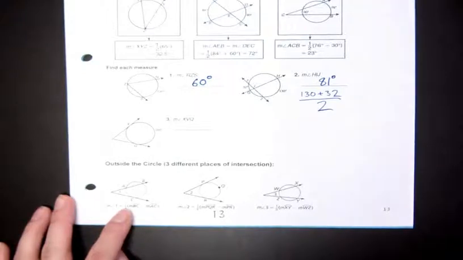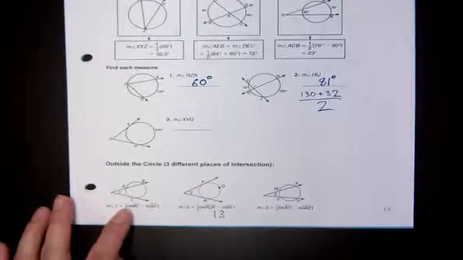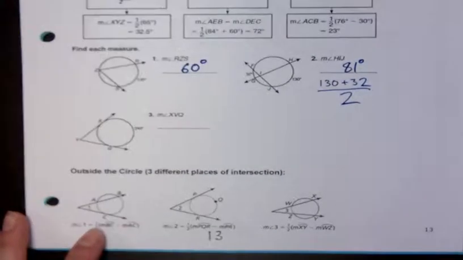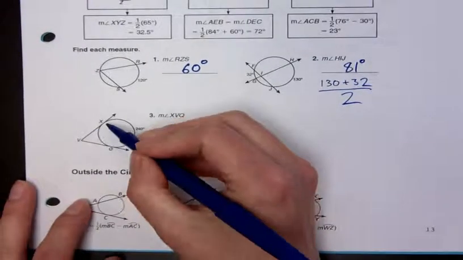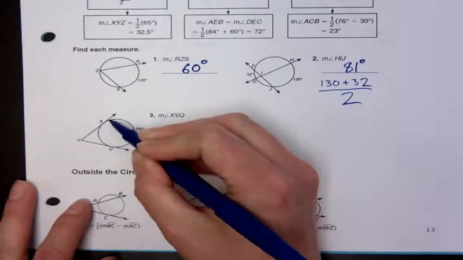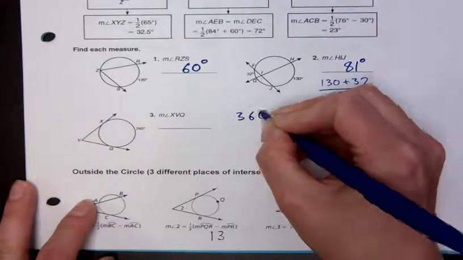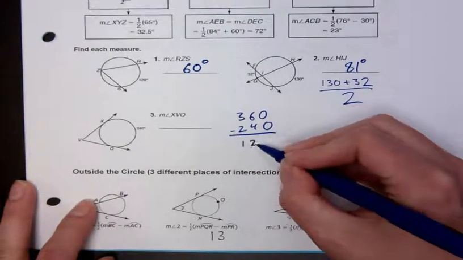So here, did they give us the other arc? No. So what can we do that we know about circles? Oh, divide by 2. Yeah. Anytime they don't give us the measure we want, we know the whole circle is 360. So first we do 360 minus 240, which gives us 120.